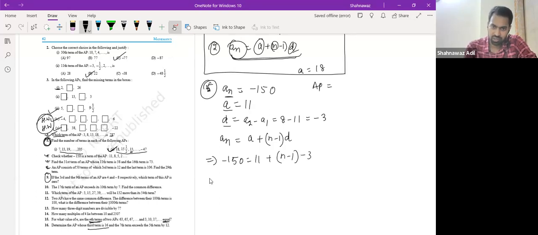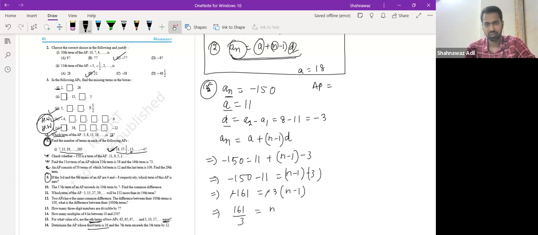So this goes in the left hand side, minus 150 minus 11 equals n minus 1 times minus 3. So this is minus 161 equals minus 3 times n minus 1. The minus signs cancel, and we have 161 by 3 equals n minus 1. Right, guys?